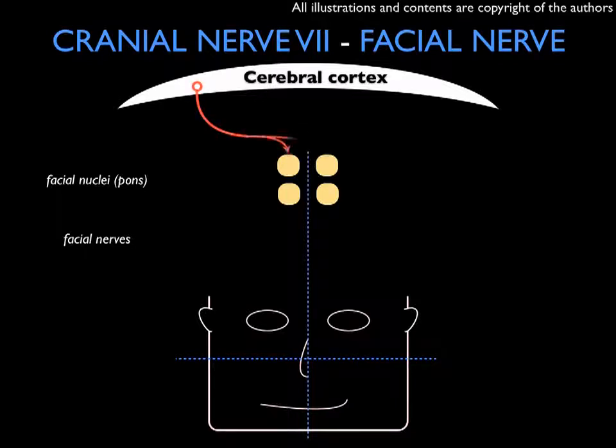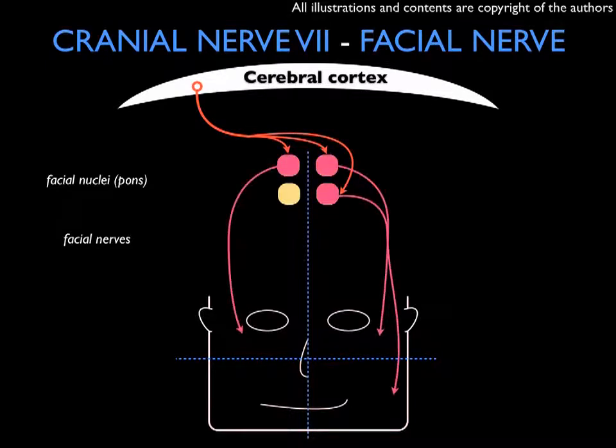Okay, so we have the upper motor neuron that is coming from the cerebral cortex and then is going down with the bilateral innervation of the 2 upper nuclei, and the contralateral innervation only of the lower nucleus. So one side of the cerebral cortex innervates bilaterally the upper part of the face, and contralaterally only the inferior half.